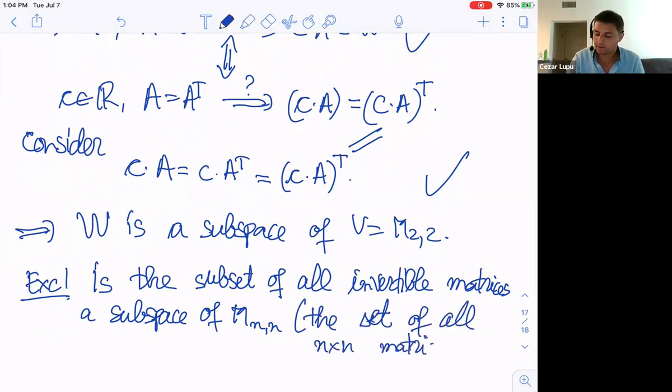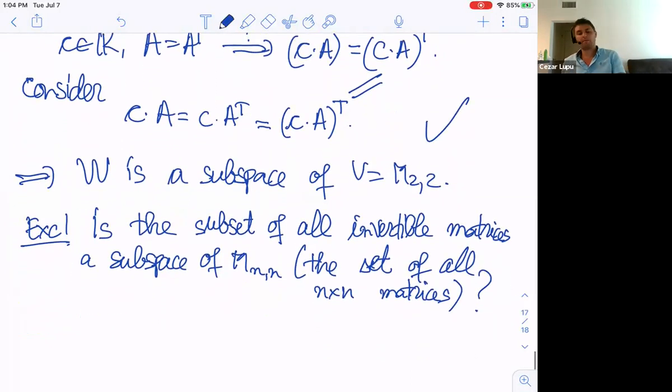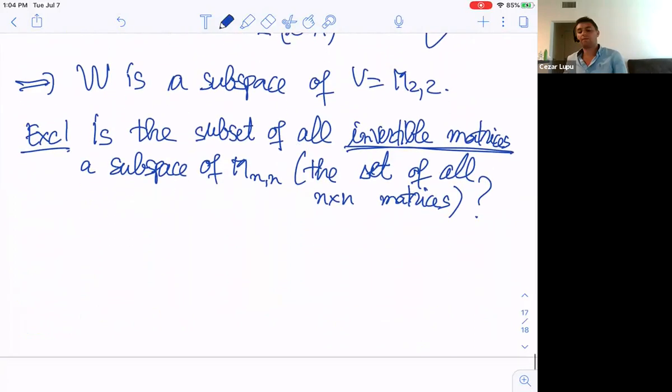I'll leave it to you to figure out if this is the case, so we'll leave it as a question mark. And you know what an invertible matrix is.